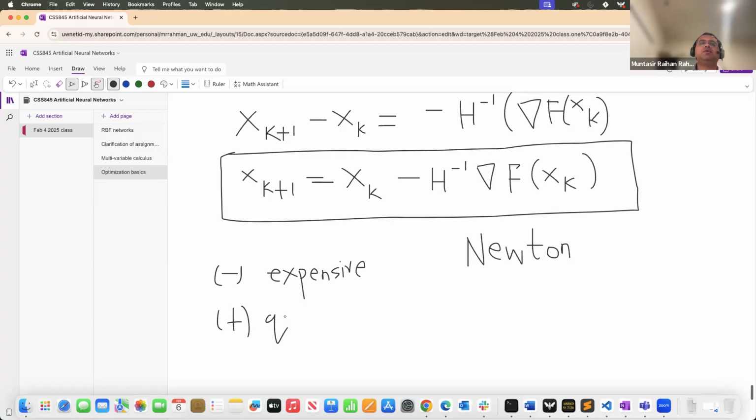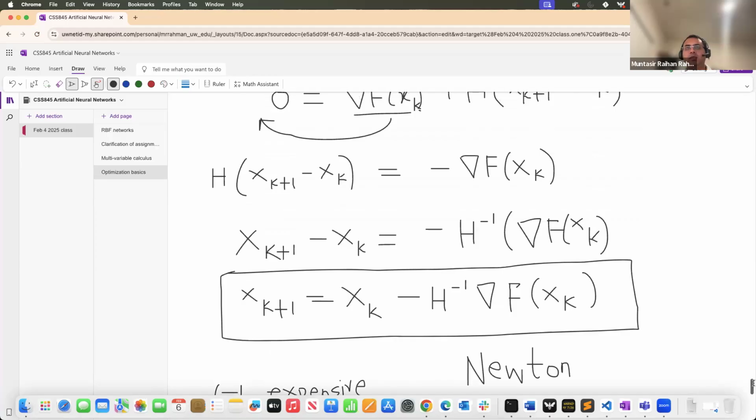It gives you what is known as quadratic convergence, which is much faster than gradient descent, which only gives you linear convergence. Any questions on this so far?